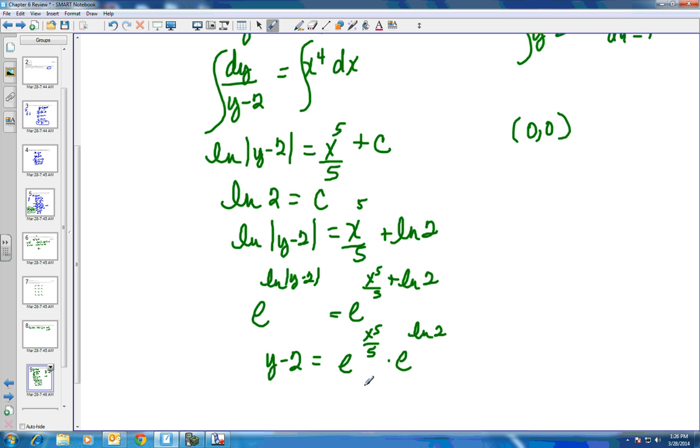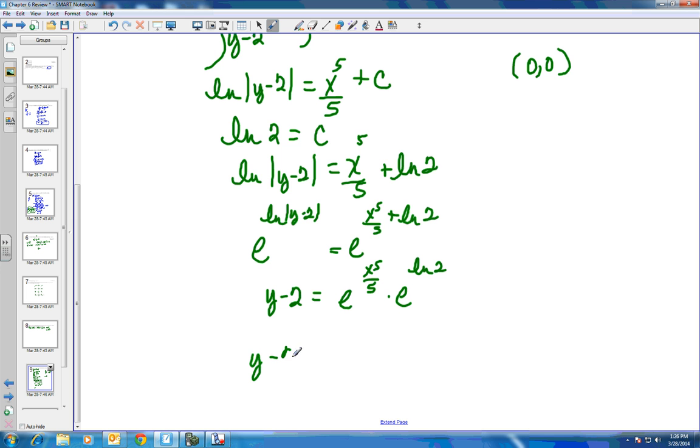Why is he saying I'm multiplying by 2? Because e to the natural log of something is that something. So here's what I actually have: y minus 2 equals e to the x to the 5th over 5 times 2. And now when I solve for y, I bring this 2 out in front. So y equals 2e to the x to the 5th over 5, plus 2.